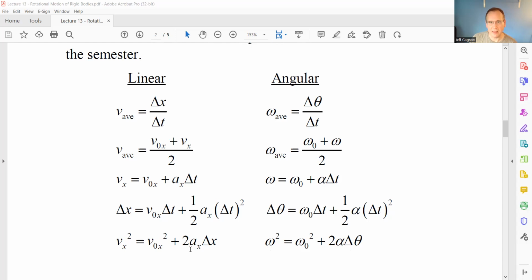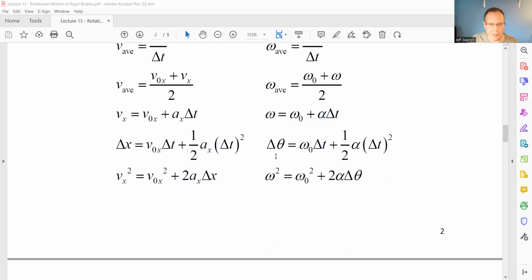Again, analogous to this. So the same type of problems we did with the linear case, we can also solve with the angular or rotational case. And that's how you should remember them. Just replace v by omega, x by theta, and ax by alpha, and you'll have exactly the same equations.